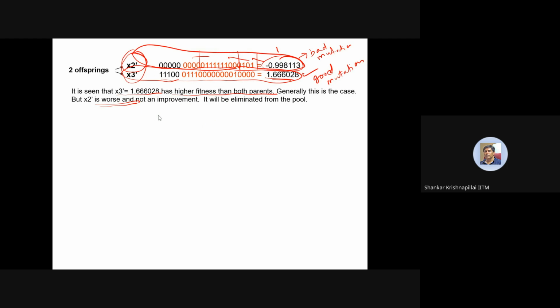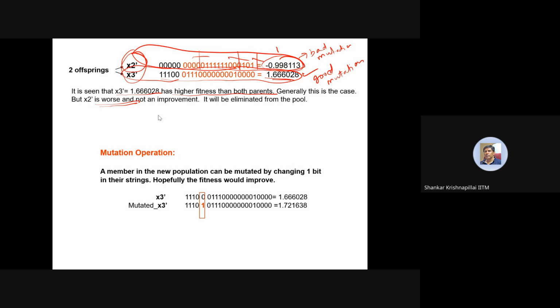Another thing is called the mutation operation. You got two offspring, and you can mutate one offspring. Let us take this offspring x3. To do the mutation, you randomly pick a bit.